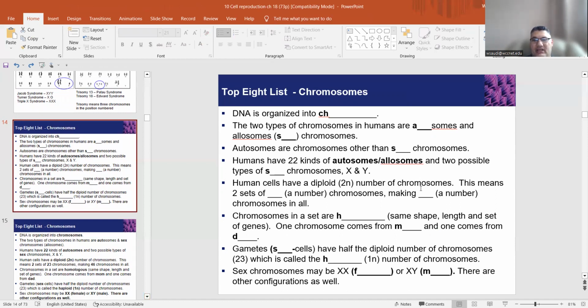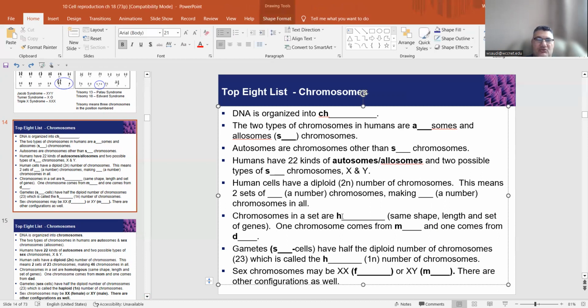The total number will be 46, obviously. One set is called haploid, and the two sets are called diploid. Haplo and diplo: half or single, and double. One chromosome from each of the 23 comes from the mom and one from the dad.